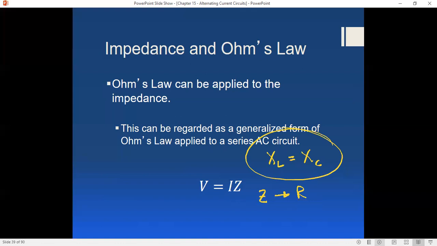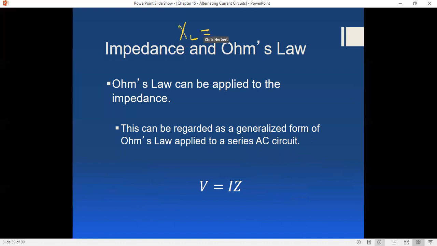Now, this is going to have consequences later on, because if you remember, an inductor and a capacitor produced an oscillator. And we said that the oscillator was in resonance when omega equals 1 over the square root of LC. Well, let's think about this. If I set XL equal to XC, what I'm doing is saying omega L is equal to 1 over omega C. Let's write this in a different way.